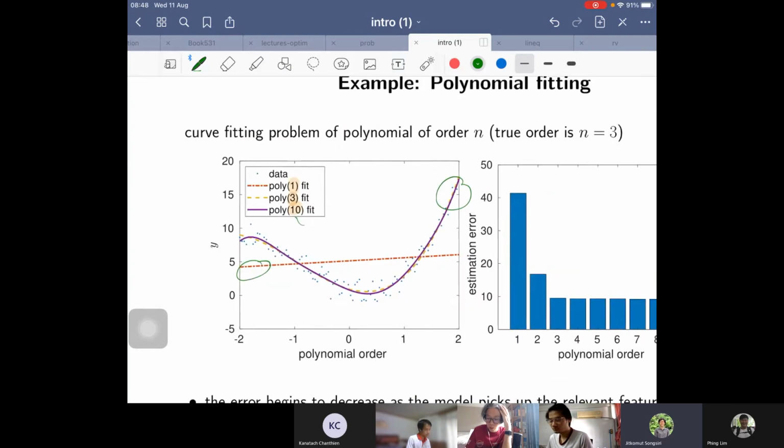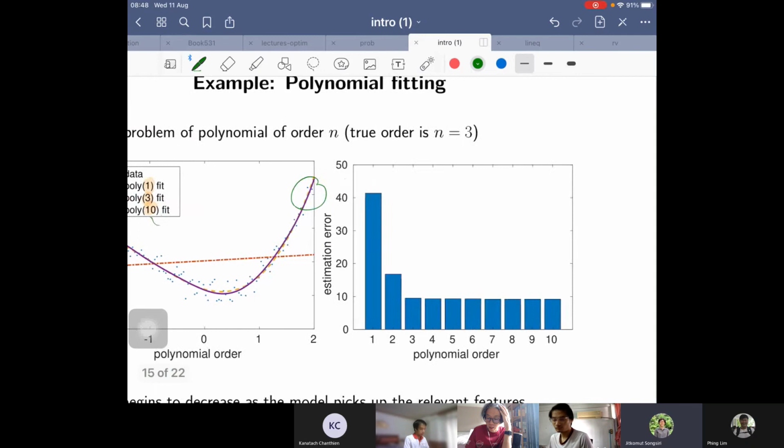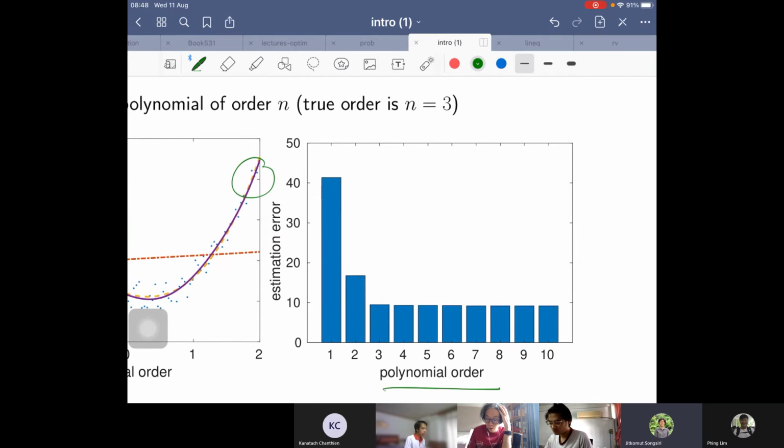So if we plot this graph, model polynomial order represents model complexity, and on the y-axis, I plot estimation error, MSE, for example. So it means that I plot those two concerns in model selection.